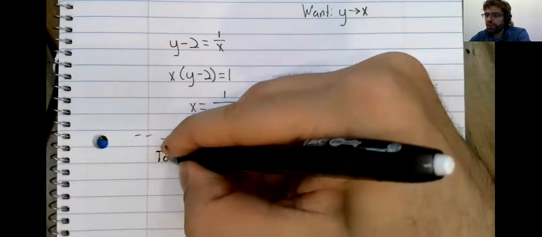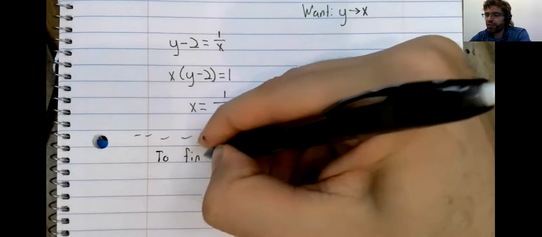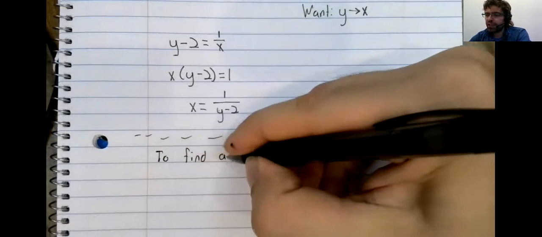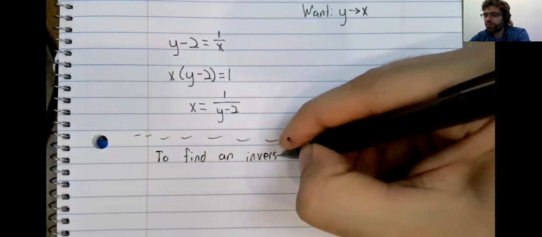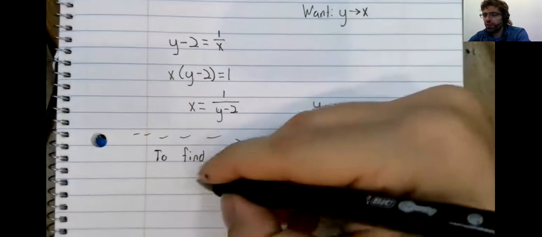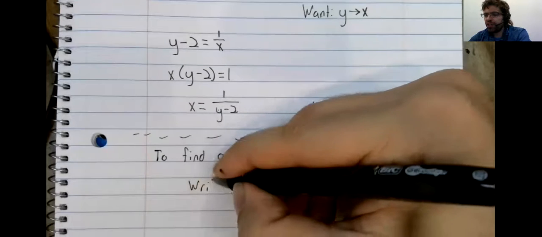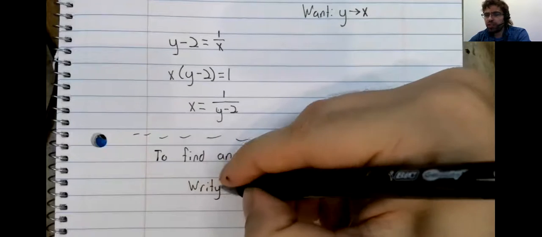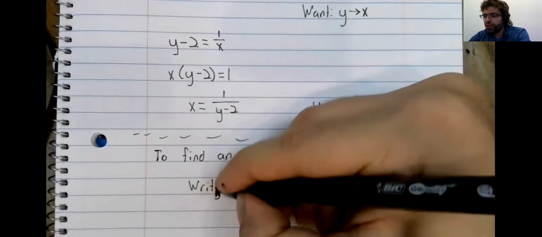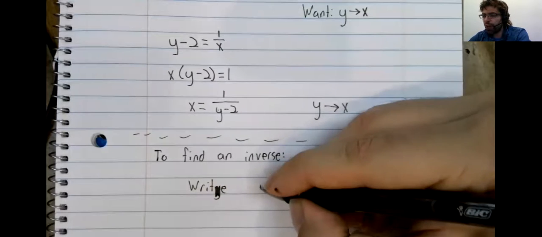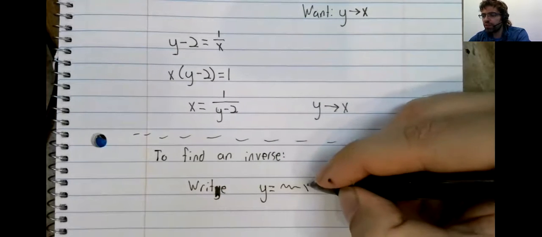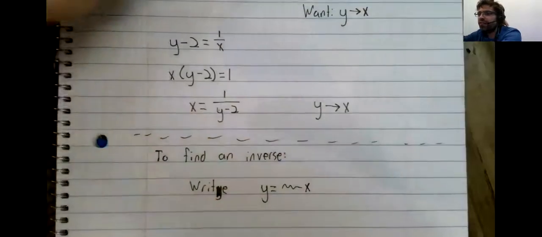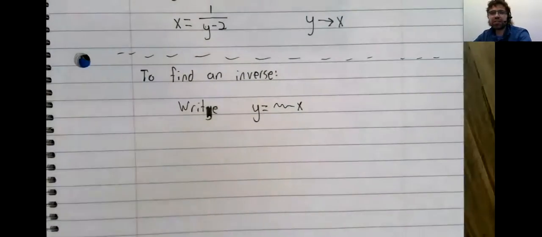So, to find an inverse, we abandon function notation. We write y equals something involving x.